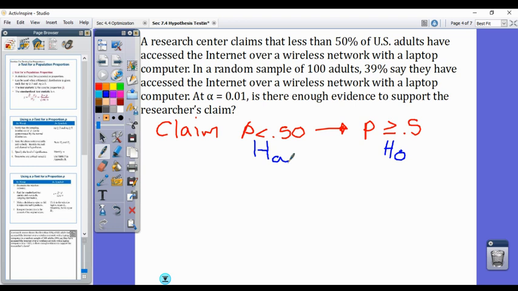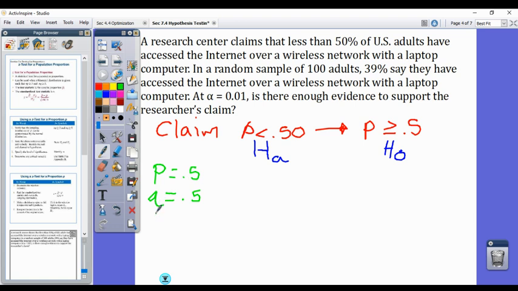Okay, so the first thing I'm going to do is check that n times p and n times q are greater than or equal to 5. Let's write down all of the information I have to organize myself. p is 0.5, which means q, in this case, is also going to be 0.5, because remember, we do 1 minus whatever the value is to get the complement, to get q.